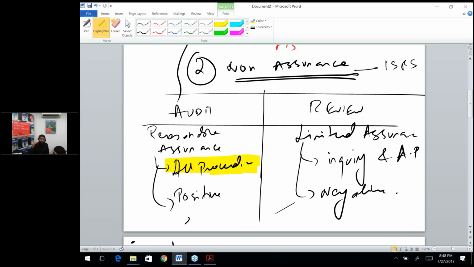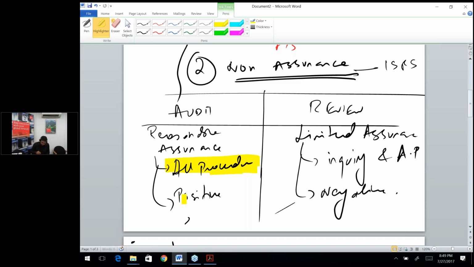Why? Because the extent of an audit is very detailed. The audit is quite a detailed engagement. That's why we give reasonable assurance. But in a review, we don't perform detailed procedures. We only perform inquiry and analytical procedures, because we are not there to give a high level of assurance. We are there to give a moderate level of assurance.